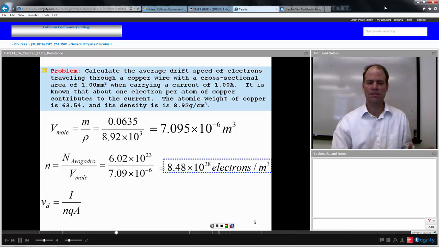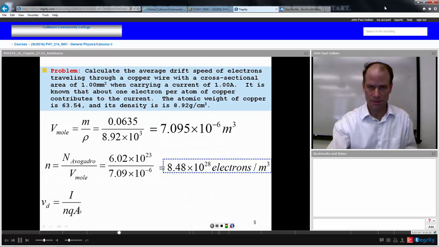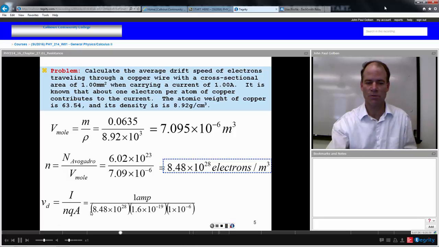Taking our previous equation and solving for the drift velocity, our drift velocity should equal the current over this n value for copper times the charge per carrier, or the whole thing divided by the cross-sectional area of the wire.